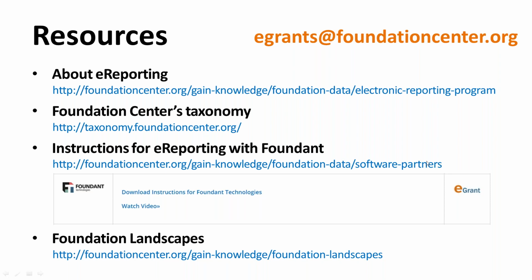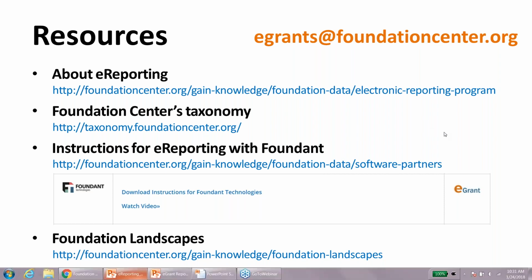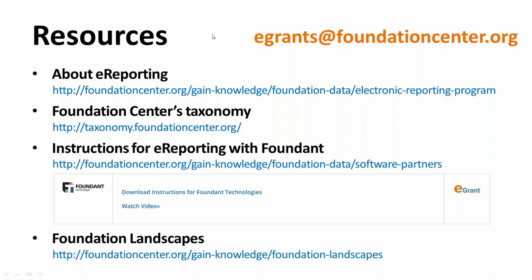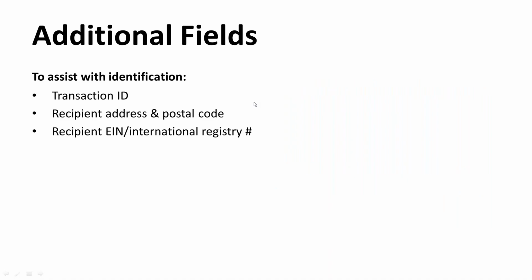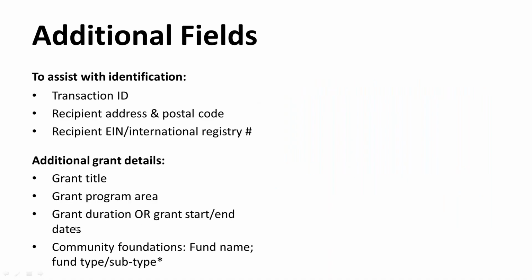So I am going to go ahead and start asking some of the questions that have been submitted, and we've got a few. I'll answer the first one, which is, how do you handle multi-year grants? I am just going to go back quickly to the additional fields you can provide. As you can see here, if you have a multi-year grant, you can include a duration column to tell us how long the grant is, and that information will appear in Foundation Maps.